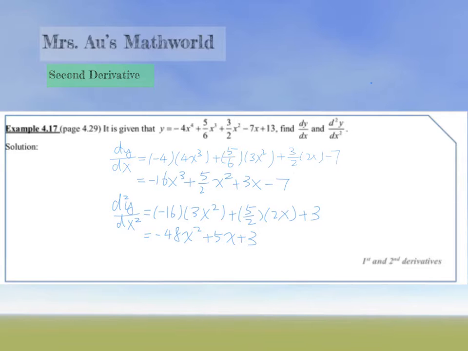The calculation actually is not difficult for you, right? But I want to discuss the meaning of it. Can you see the original function? The highest power is x to the power 4. After you differentiate it once, the highest power goes to power 3.